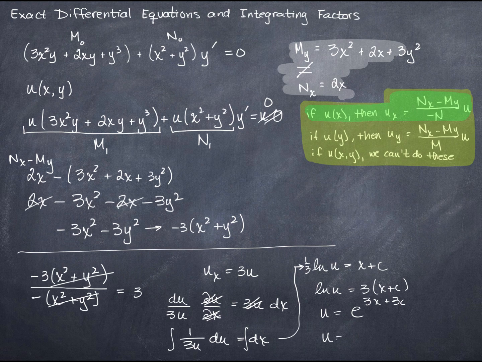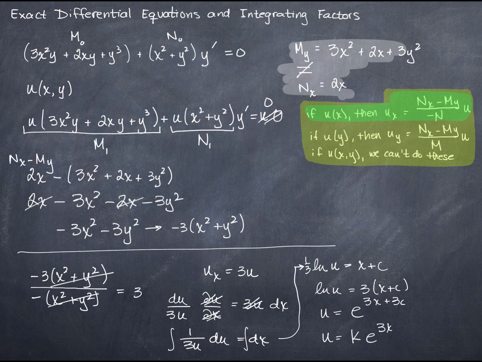That means that u equals k e to the 3x. I have now a function of u, which, as I assumed up here, is only a function of x, right? This is only a function of x. K is just a constant. So having made this assumption and used the theory that we talked about in the previous slide to determine what this ratio was, setting that up, I can now solve for u.